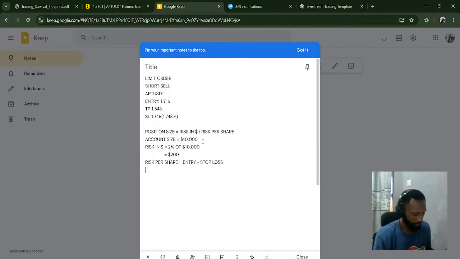And what is our entry? Our entry is 1.716, minus what is the stop loss? 1.746.